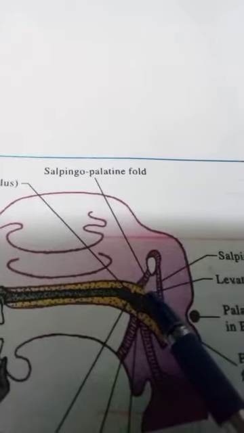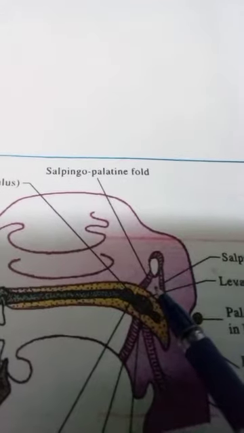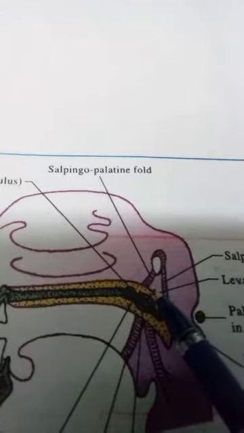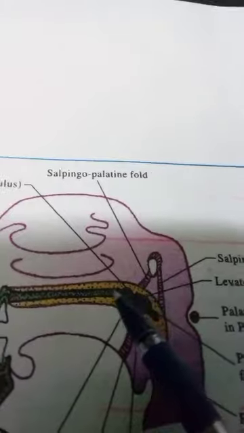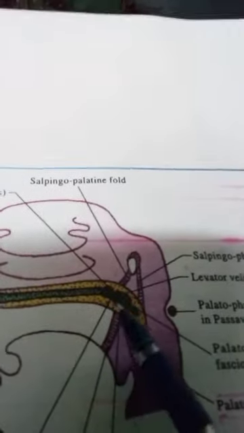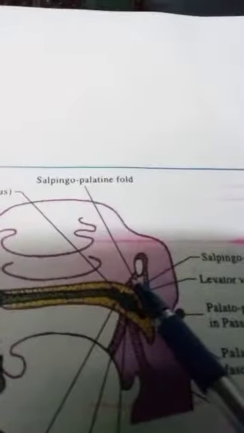So, this isthmus acts as a traffic control at the crossroad between the food and air passages.